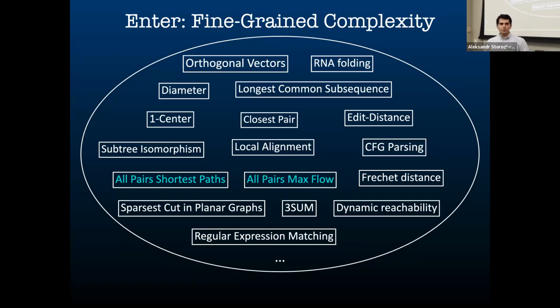We try to understand what is the complexity, what is the relationship between them. So before, we had all these nice problems. We didn't really know what's going on. All these problems are polynomial time solvable problems that people want to solve. And APSP, APMF are just two out of them.